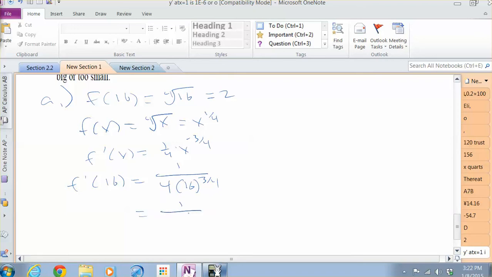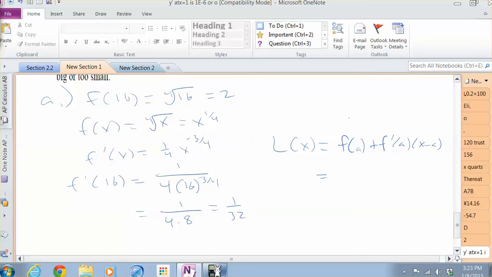So I get 1/4 times 1/8, I get 1/32. What I'm trying to find is this function: L of x is f of a plus f prime of a times x minus a.